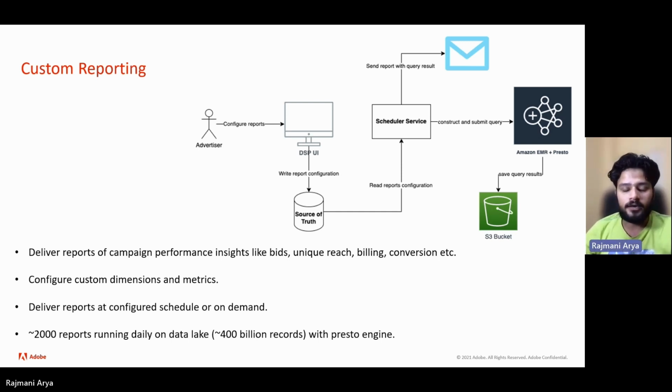These reports can be triggered on demand: you configure the report in the UI and trigger it to run now, and in the backend, I'll go over the architecture later. Or you can schedule it and ask the system to send the report to a destination, and at the scheduled time you'll get the report.